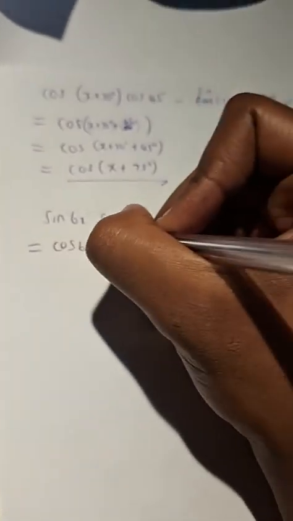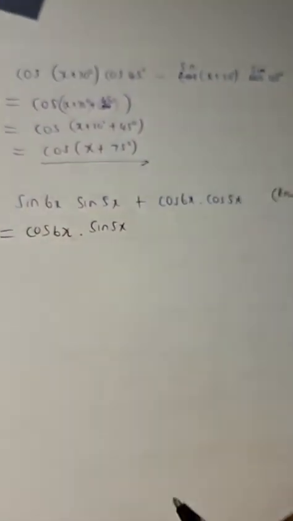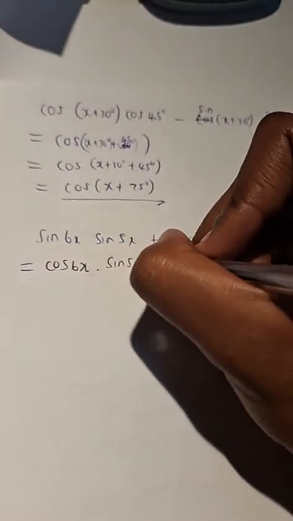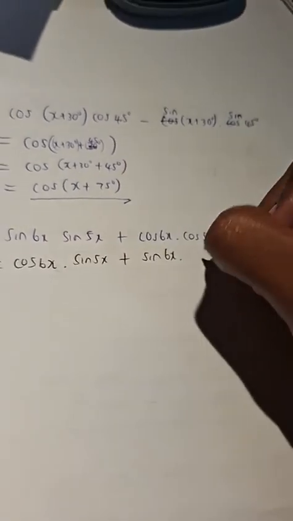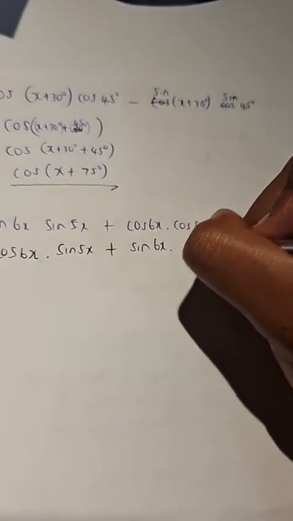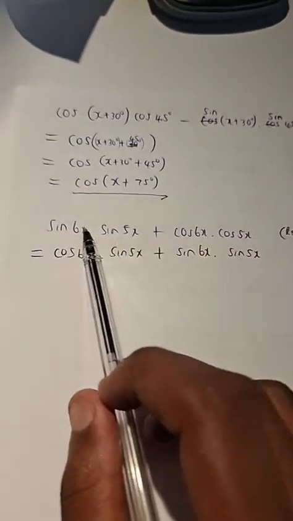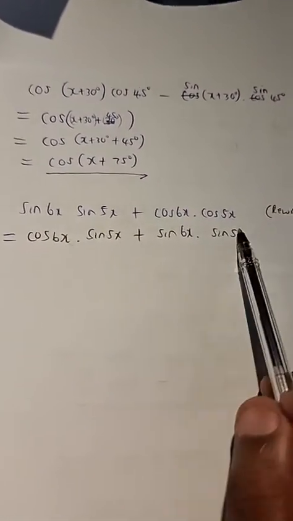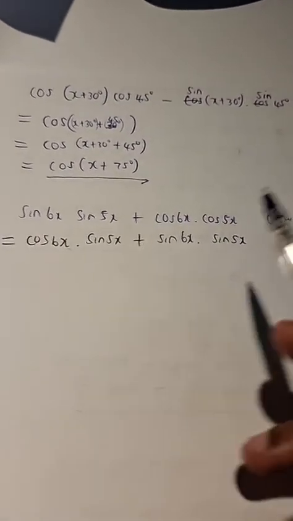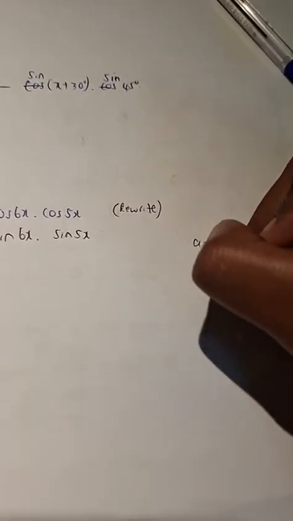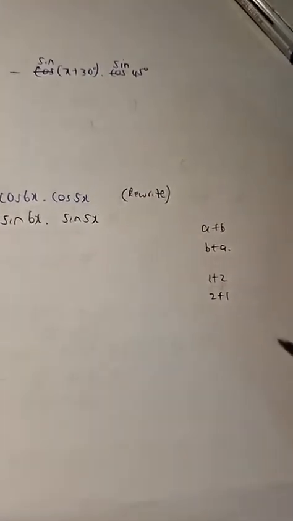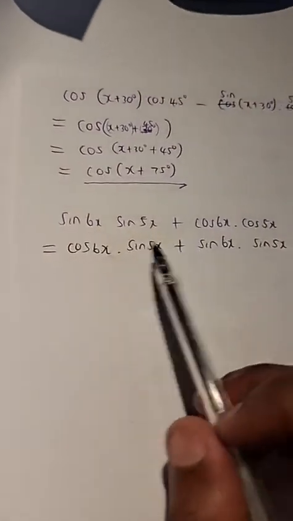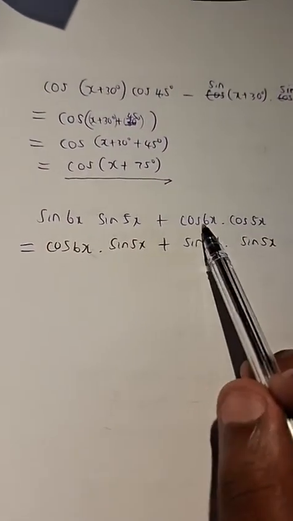In other words, I could write cos 6x times cos 5x, and then plus sine 6x followed by sine 5x. This is no different from that, because it's like saying a plus b is the same thing as b plus a, or 1 plus 2 is the same thing as 2 plus 1. So I am just rewriting it.